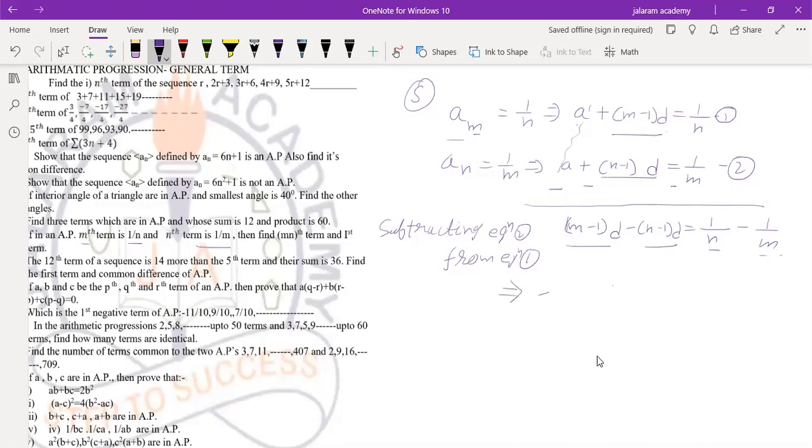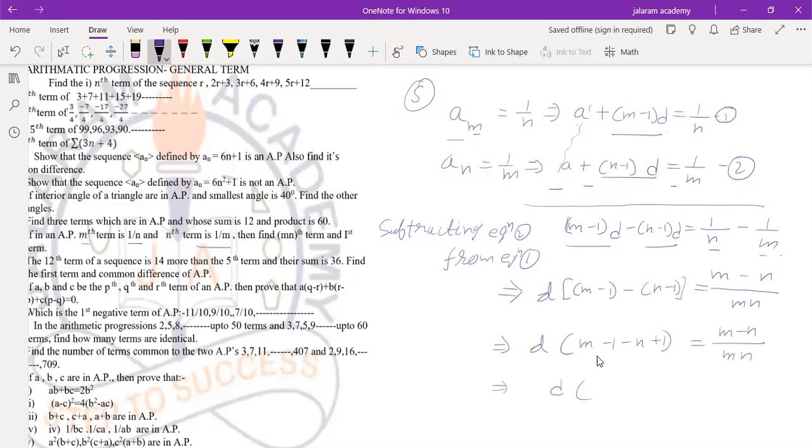It implies, now if we take d common, m minus 1 minus n minus 1 equals, in this we will take the LCM of n and m, which is mn. So it is m minus n upon mn. It implies d into m minus 1 minus n plus 1 equals m minus n upon mn.